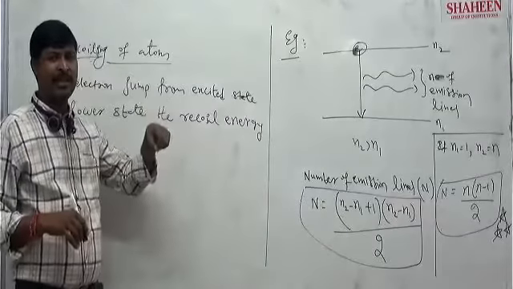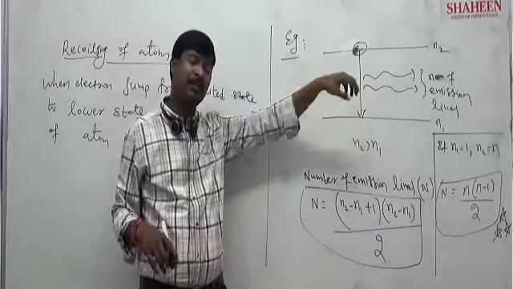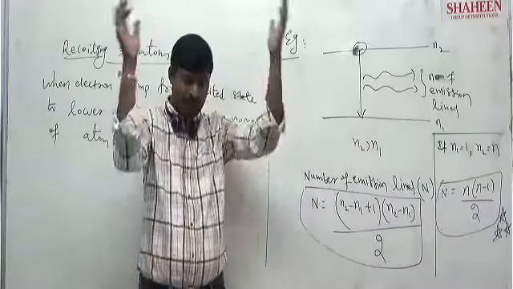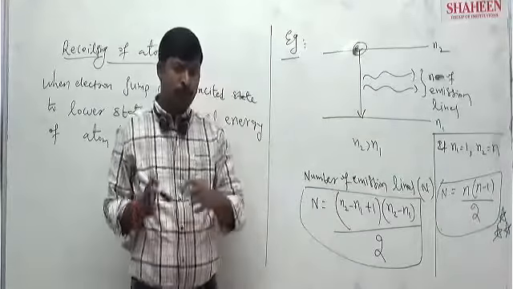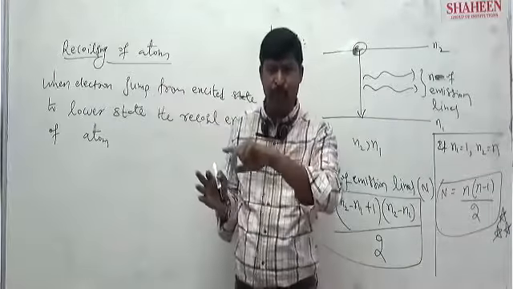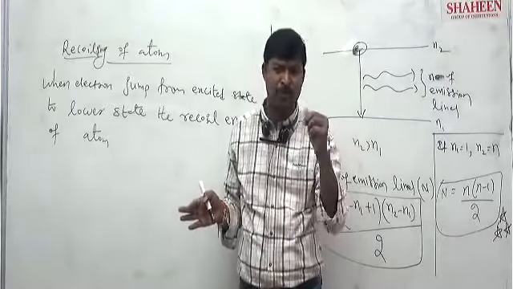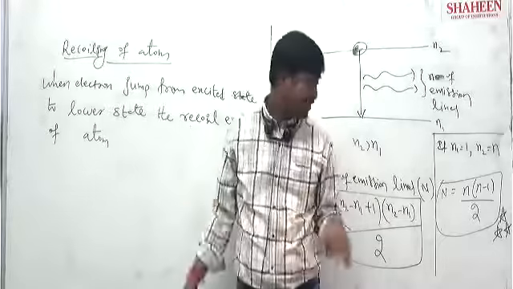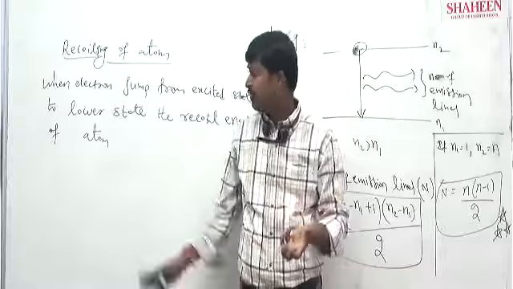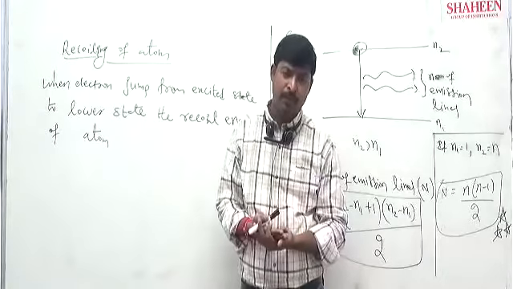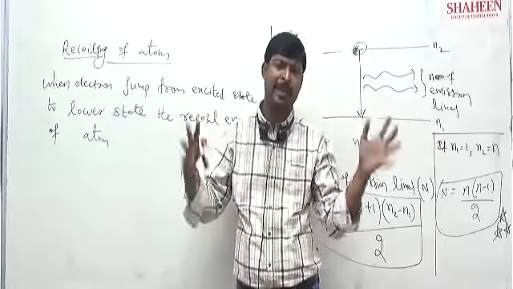When it jumps from a higher energy level to a lower energy level, it will have some velocity, so the electron and the overall atom will have some momentum, and the photon also has momentum. After it jumps from higher to lower, it releases a photon. The photon has an energy h nu and a momentum h by lambda, we know it. So the released photon has momentum, which it got because of the jumping of the electron. So the momentum of the photon is h by lambda, and inversely the atom's momentum should also be h by lambda.